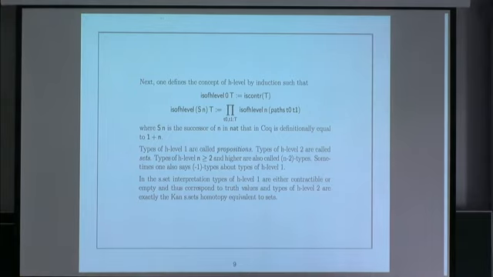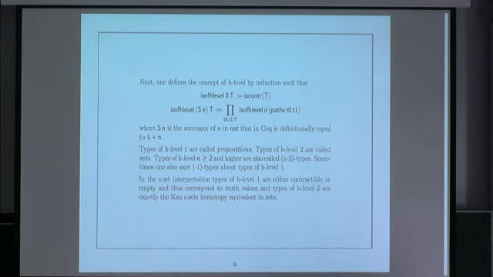Now, in the simplicial set interpretation, types of h-level 1 are either contractible or empty, and thus they correspond to truth values. So types of h-level 1 are called propositions. Types of h-level 2 in the interpretation are exactly simplicial sets homotopy equivalent to sets.